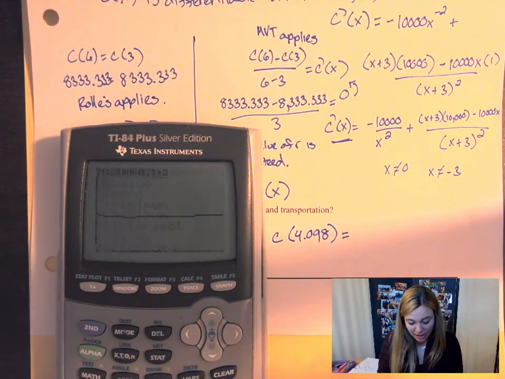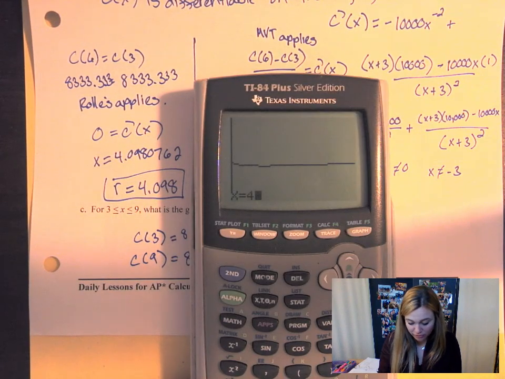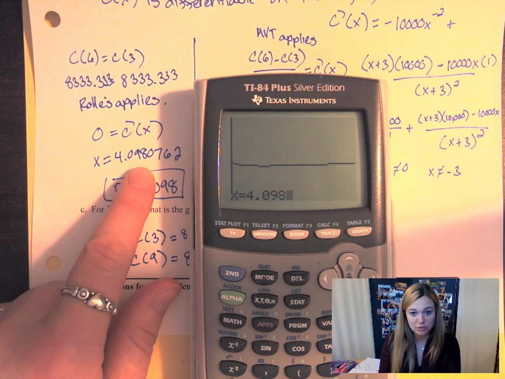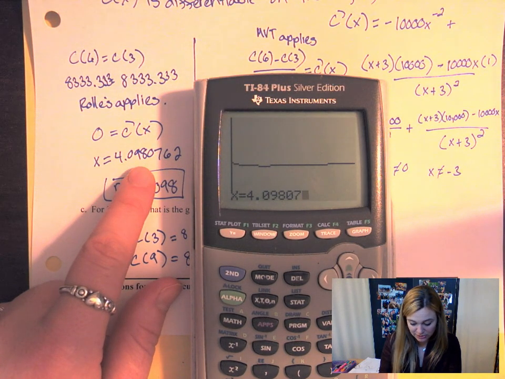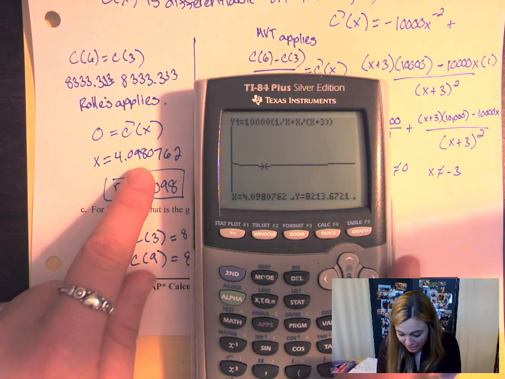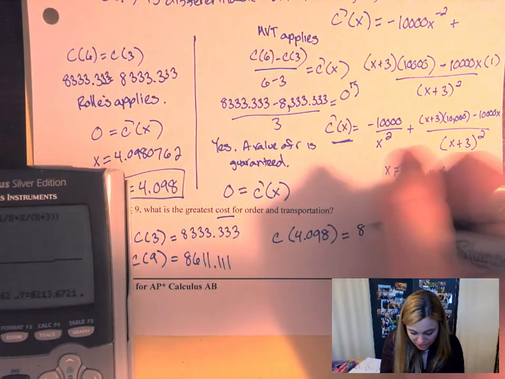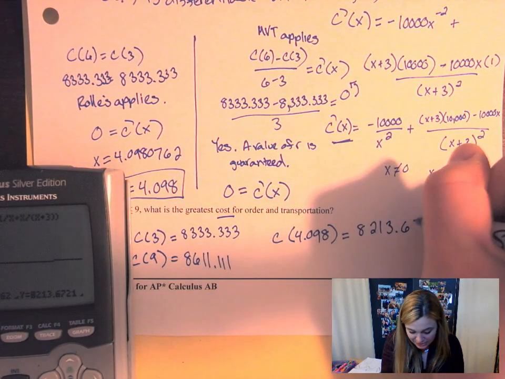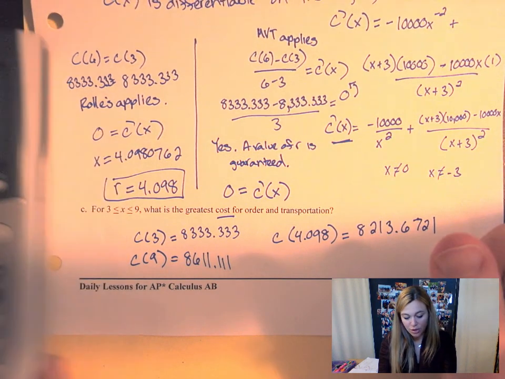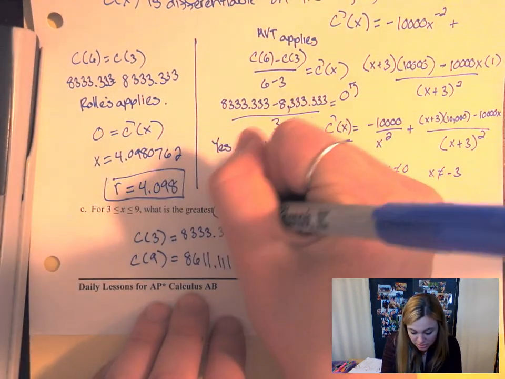The value at, and this is where I'm going to use 4.098, and I'm going to use more decimals because this was not my final answer, so I want to check at 0762, and I get 8213.6721.